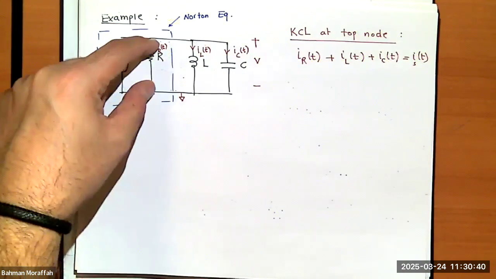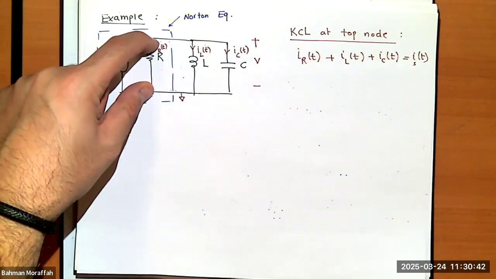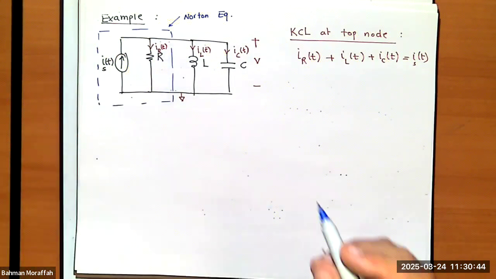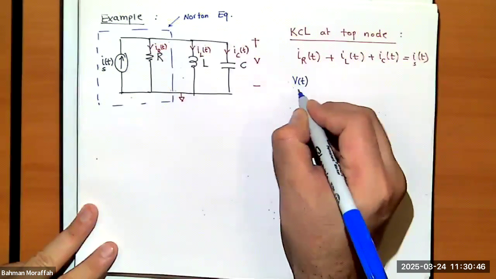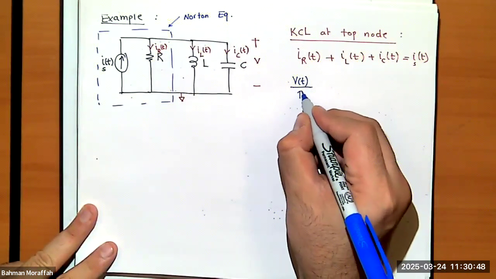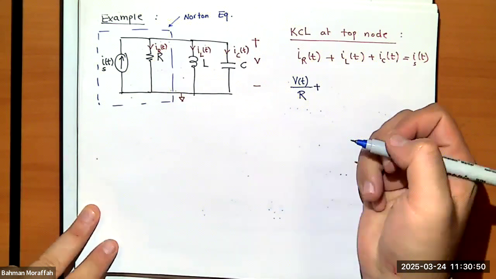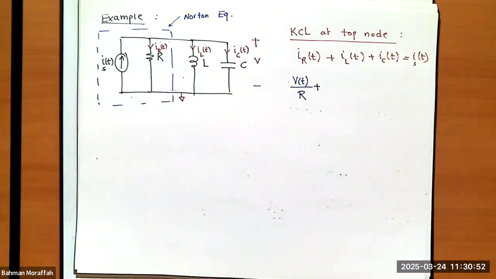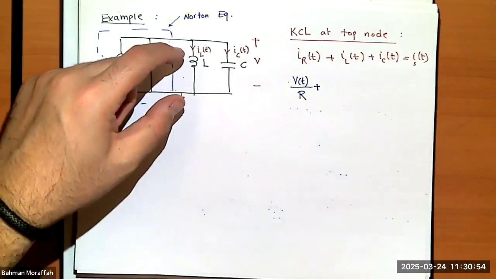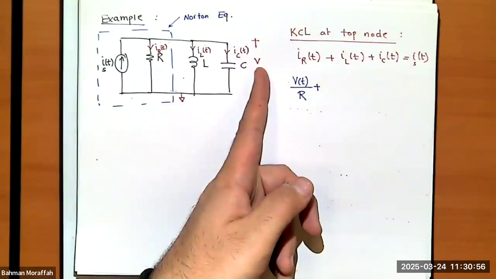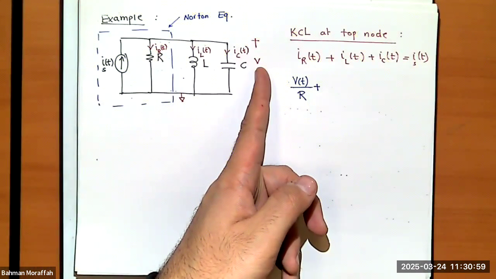Right? It's the voltage across the resistor divided by the value of the resistance. So I have V(t) over R. Do you agree the voltage across this L is also V? Right?